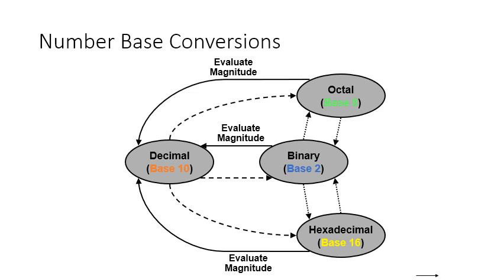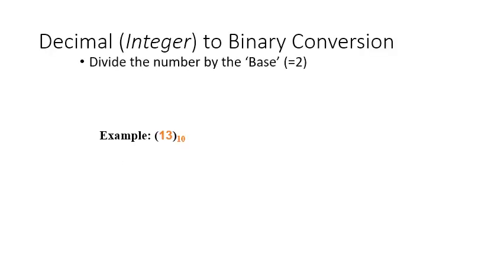Also, the conversion from octal to binary and from hexadecimal to binary is quite easier. For the direct conversion between these, we will take groups of 3 and 4 bits.